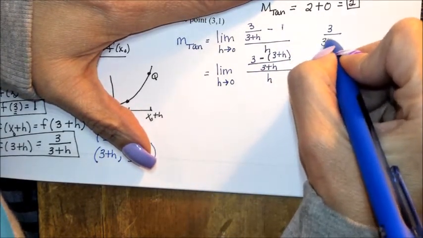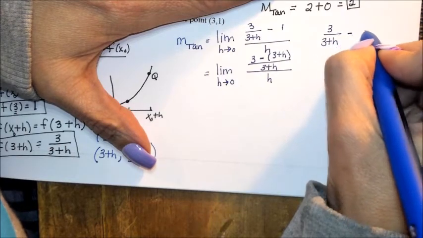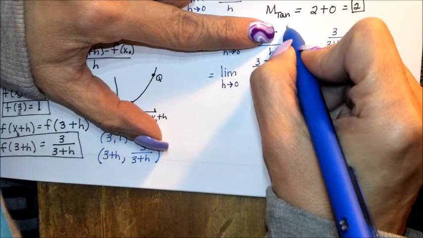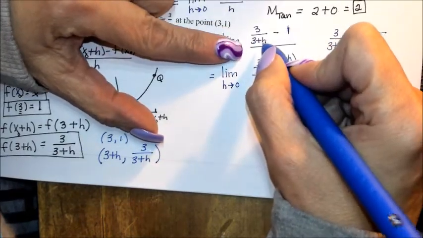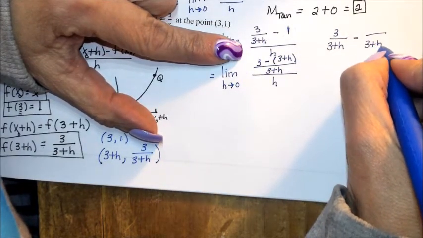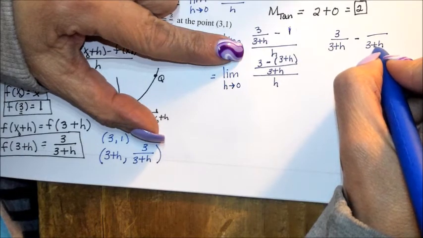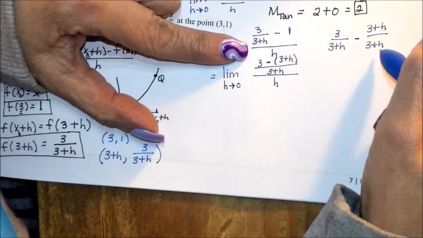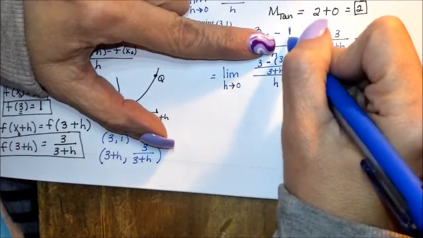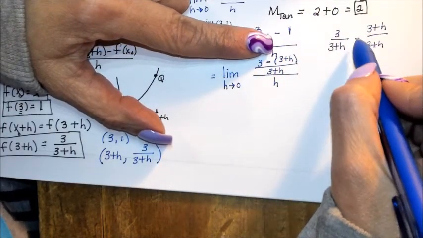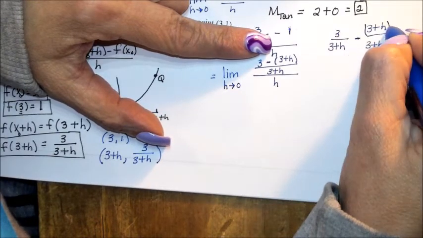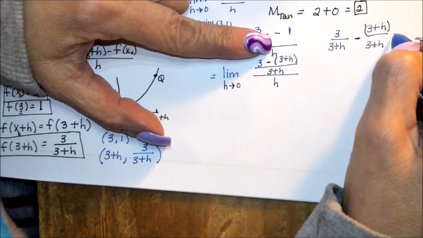3 over 3 plus h minus, I'm going to put a bar there. I have a 1 right here. I need to change this 1 so that it has a common denominator of 3 plus h. If I put 3 plus h on the bottom, I have to also put it on the top. 3 plus h divided by 3 plus h is 1, which is what I have here. But I'm going to be subtracting, so I need to remember that this whole thing right here is being subtracted.